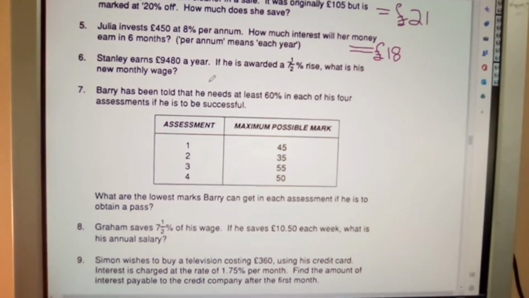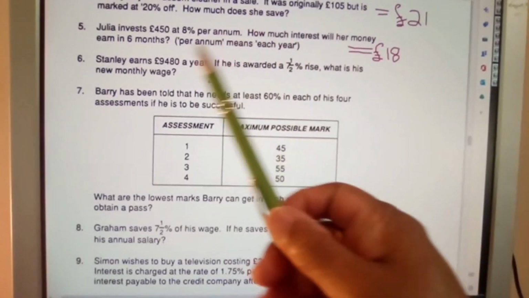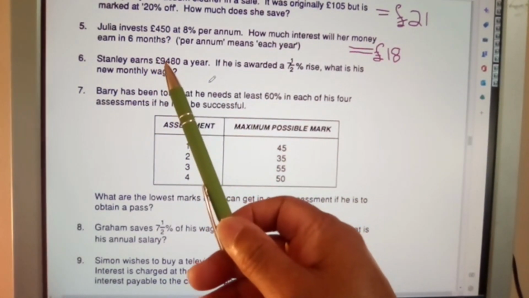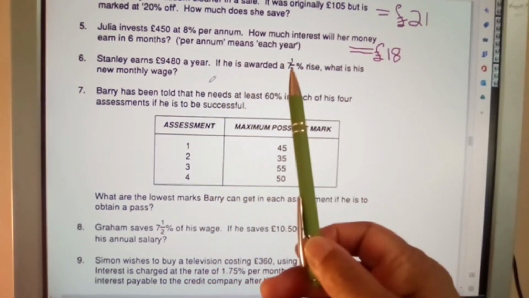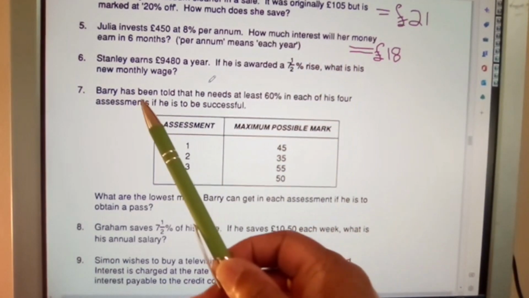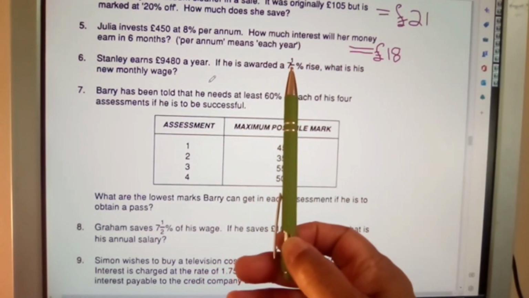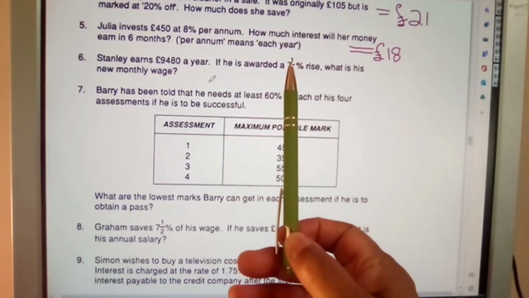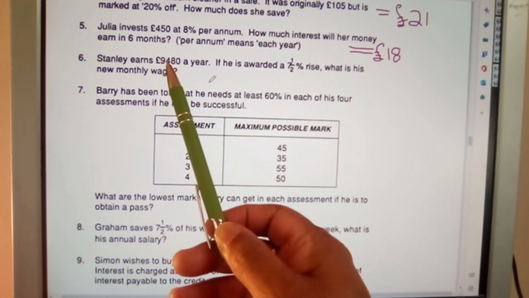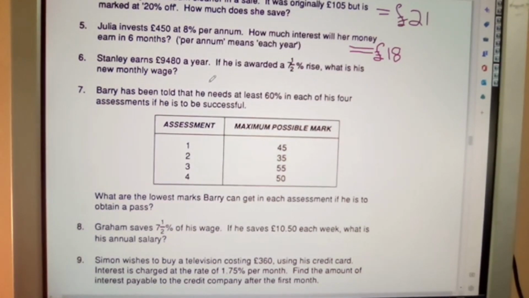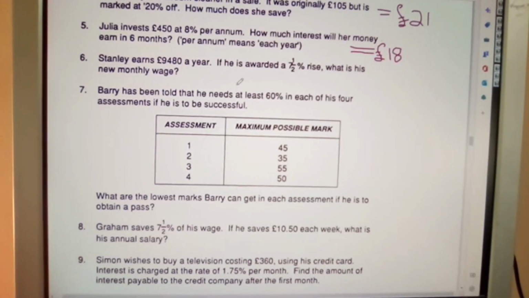So you have to look at this from the perspective that Stanley earns £9,480 a year. If he's awarded a 7.5% rise, what is his new monthly wage? You need to look at it from the perspective that 7.5% is applicable over the year. So what is 7.5% of 9,480? That's what you need to be asking yourself.